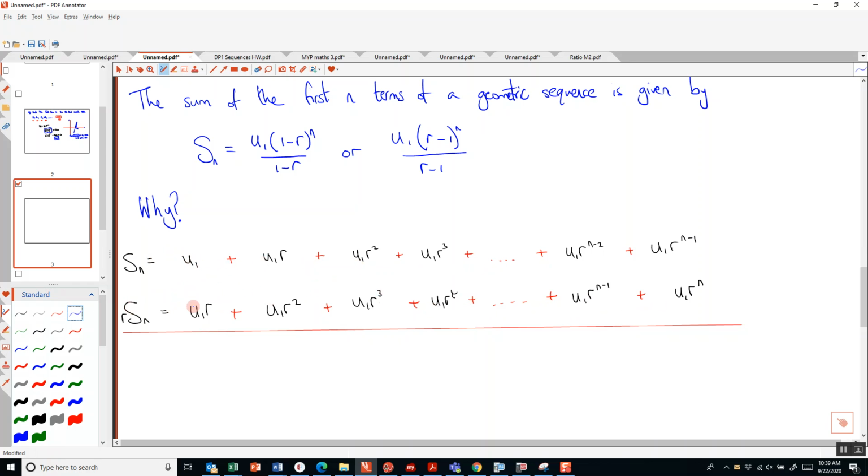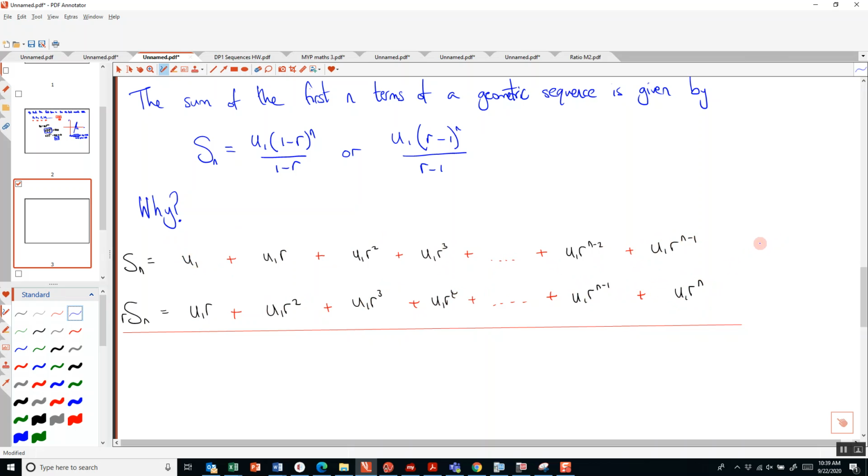What do we notice? It's like the next term is the previous term, like they start at u2. Yes. This one has u1r, this one has u1r, this one has u1r squared, so does this one. We've got the same terms all the way along, apart from this one and this one, correct?